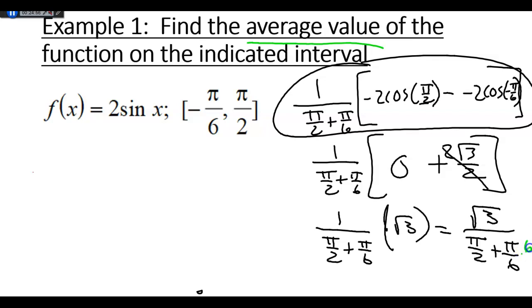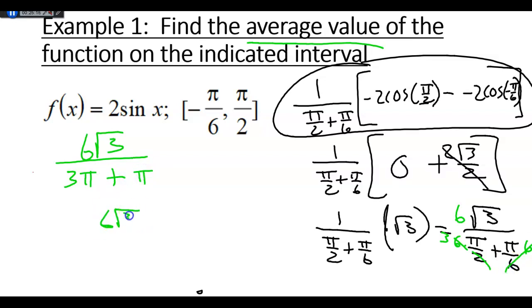So I'm going to multiply by 6. No evil reference intended. 2 goes into 6 3 times, and then these cancel. And 3 pi plus 1 pi is 4 pi, final answer. That's the average value. That's the average height of your function.